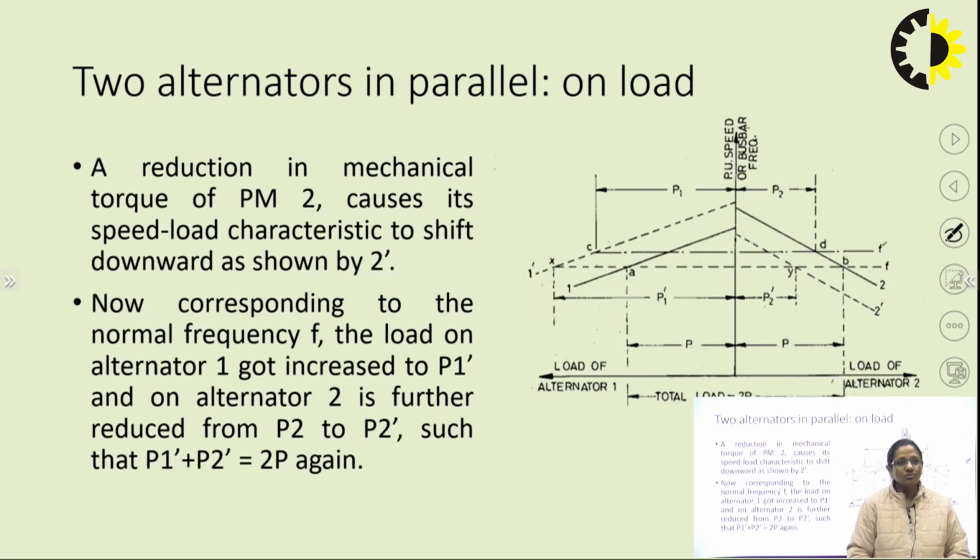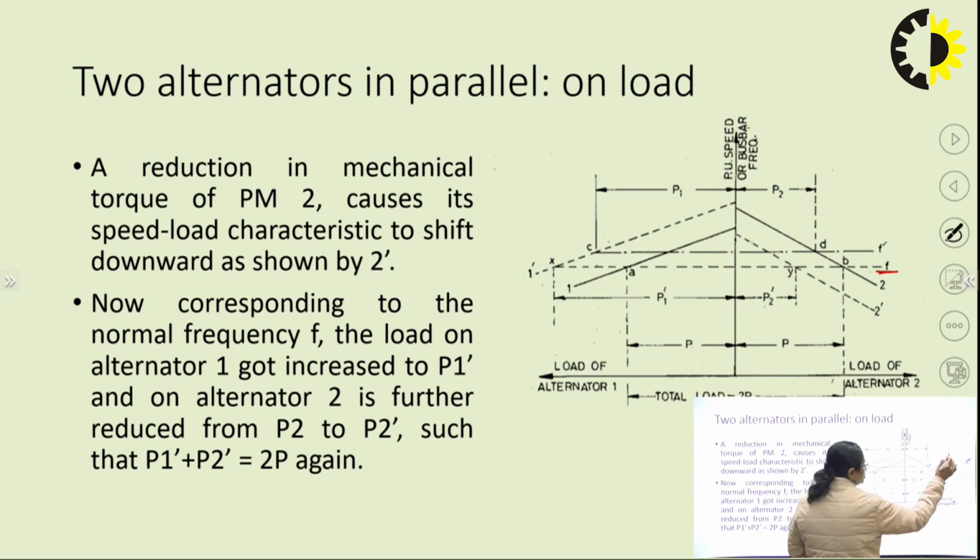So, for this, what is done? A reduction in the mechanical torque of prime mover 2 causes its speed load characteristic to shift in the downward direction. So, to restore the system frequency to f hertz again, we need to reduce the mechanical input given to alternator 2.